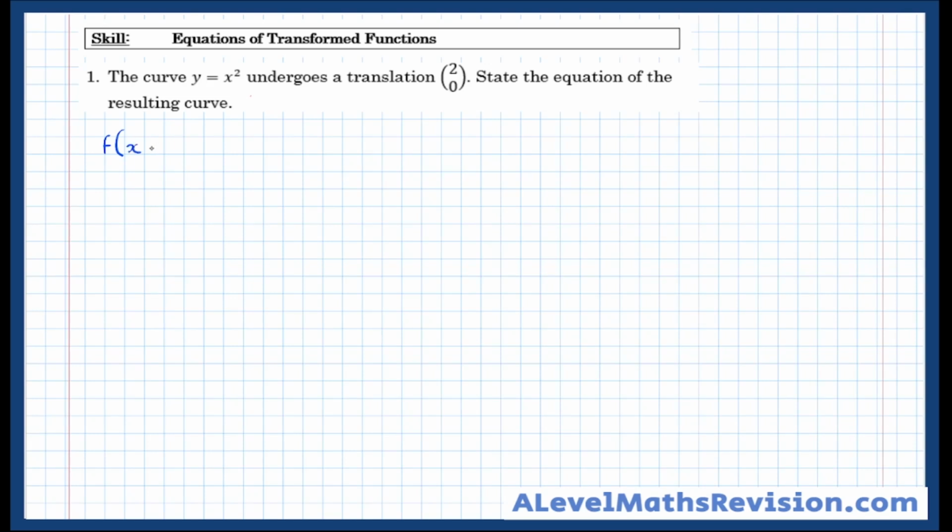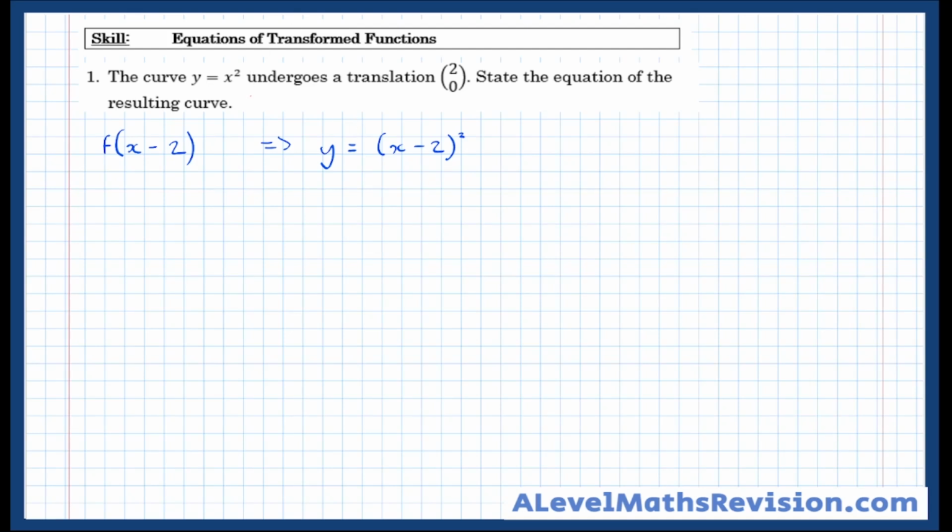So we want that to say x minus 2 in order to get a translation of 2 units in the positive x direction. So f of x minus 2 means replace x with x minus 2, sub x minus 2 into that function, which implies that y equals (x minus 2) squared, and that will give us the curve translated 2 units to the right.